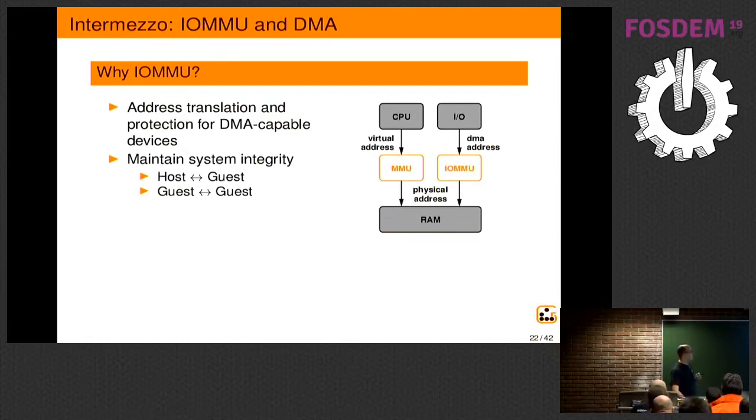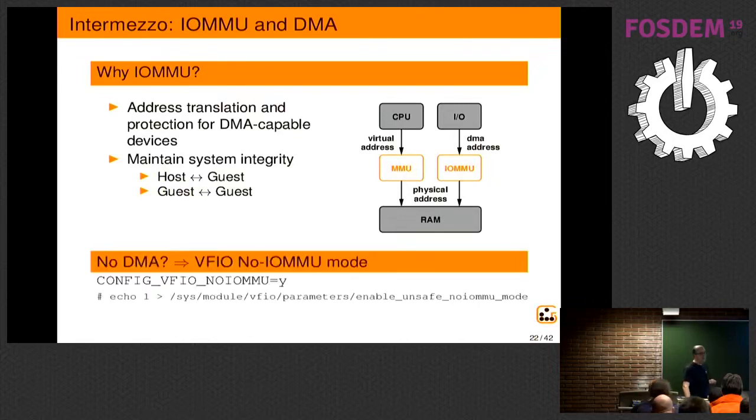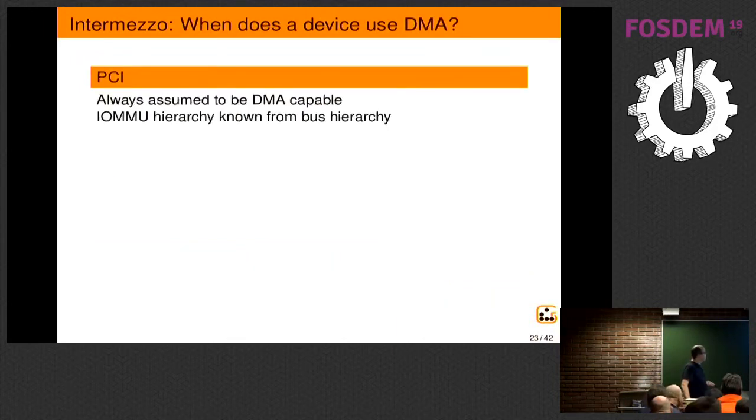So the IOMMU takes care of that, very similar to a normal memory management unit that does similar things for accesses from CPU to memory. Now, in our case, the GPIO controller doesn't have DMA. Fortunately, there seems to be a VFIO no-IOMMU mode in Linux, and we can enable that. And then we will be set later.